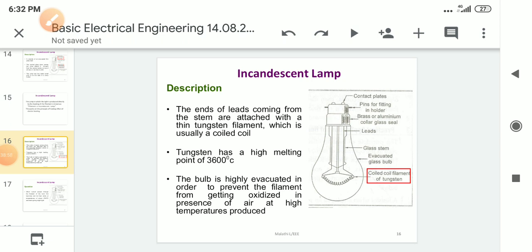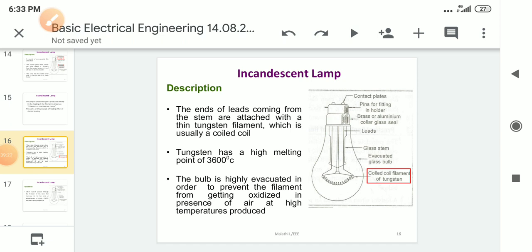The rated life of a filament lamp is 1000 working hours. So if the light is not required, then you have to switch it off, otherwise it unnecessarily loses its life.